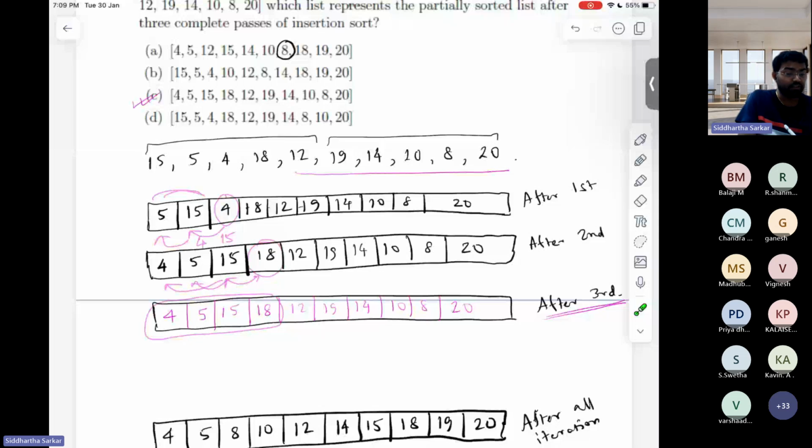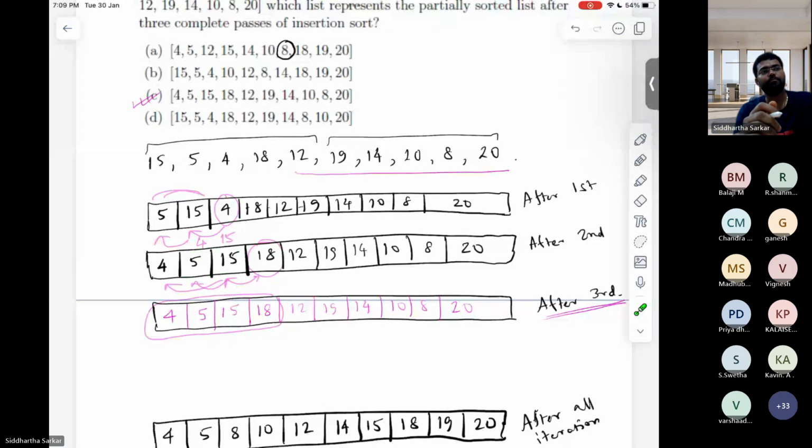Since 18 is bigger than 15 and the elements to the left of 18 are already sorted, 18 is definitely bigger than everything else also, because 15 itself is the largest element in this part to the left of 18. So no other comparison is required. One comparison between 15 and 18 lets us conclude that 18 should be present here, because comparing 18 with something even smaller than 15 will not lead to any swaps.